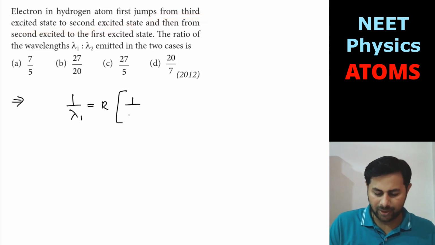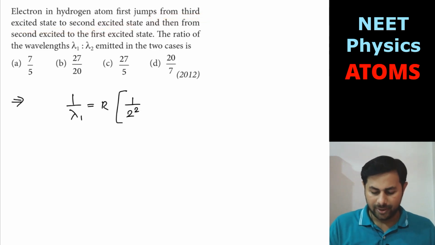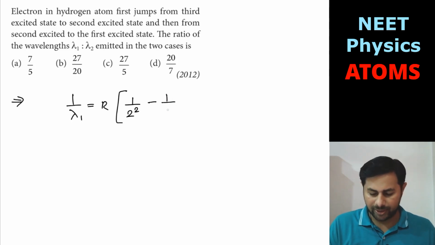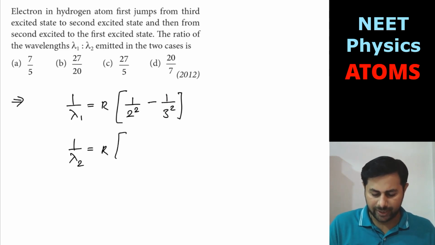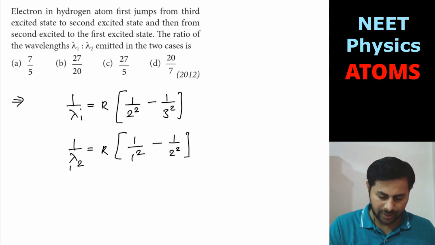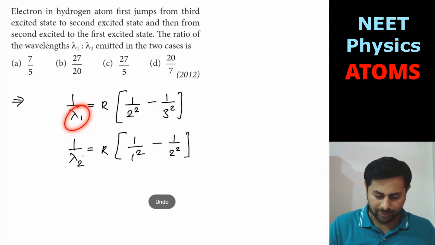Okay, so final orbit is second, initial orbit is third. So 1 by 2 square minus 1 by 3 square. And the second case is it's jumping from second to first, right? And we want the ratio of lambda 1 to lambda 2.